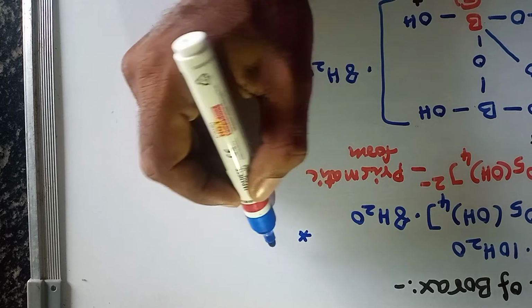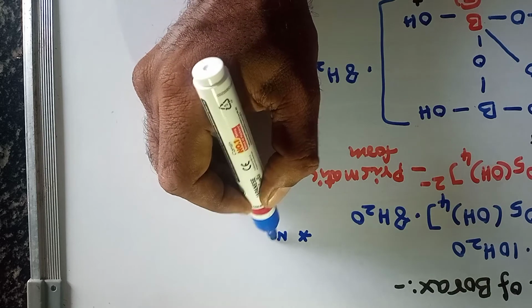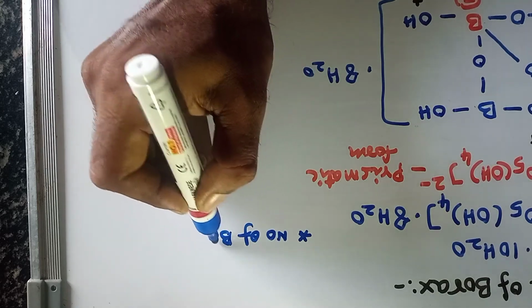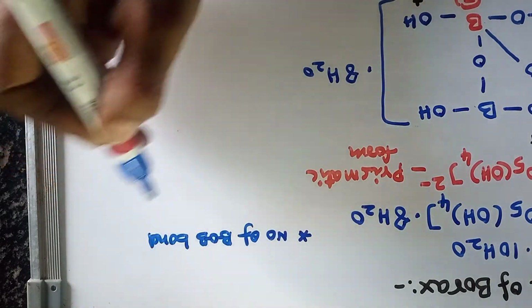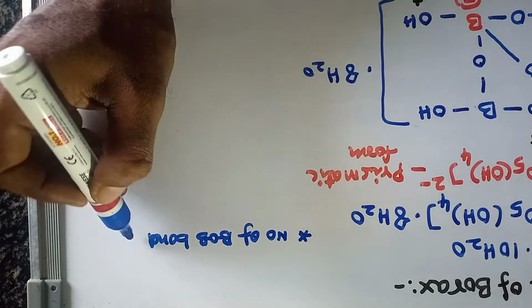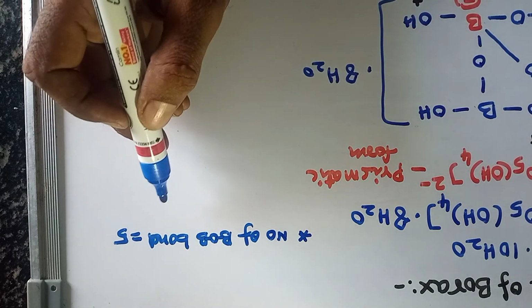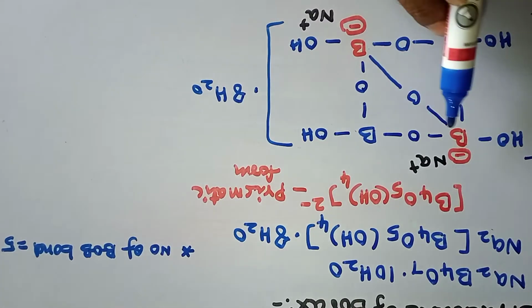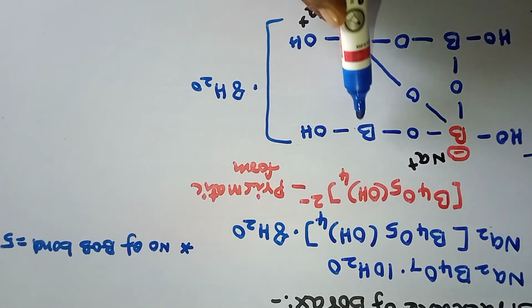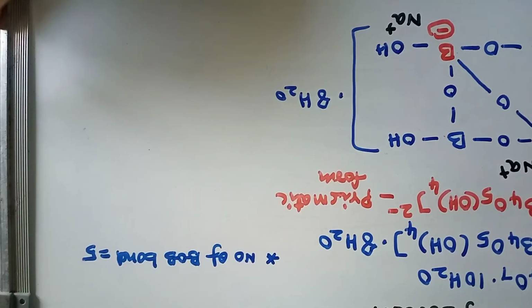First point, the borax has a number of B-O-B bonds equal to 5. Borax has 5 boron-oxygen-boron bonds: boron oxygen boron, boron oxygen boron, boron oxygen boron, boron oxygen boron, and boron oxygen boron. It has 5 B-O-B bonds.